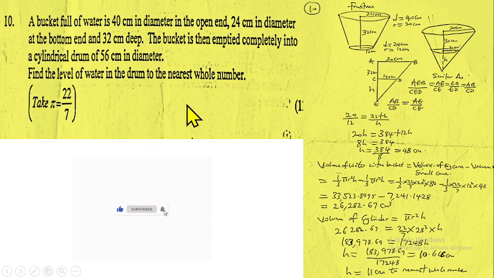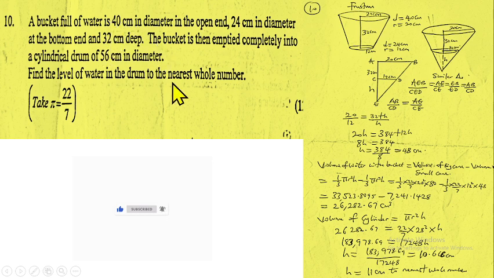So like I said earlier, the question is from mensuration of solid shapes, and in this case, the majority of the students may not be able to interpret this question because we are not given the diagram. But if you interpret this question very well, we are having a bucket with a diameter at the top and a diameter at the bottom, and the diameters are not the same.